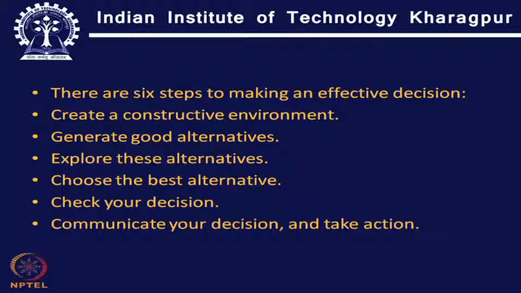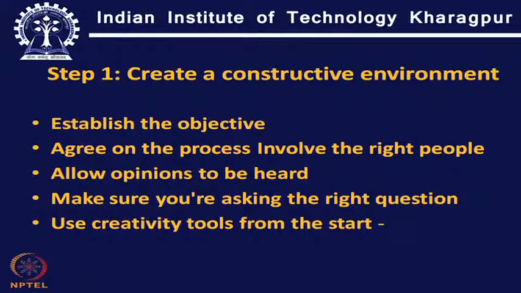These steps become more meaningful when we try to think of the organizational issues in decision making. But before going to that, we will try to see each of the steps in a bit more detail.